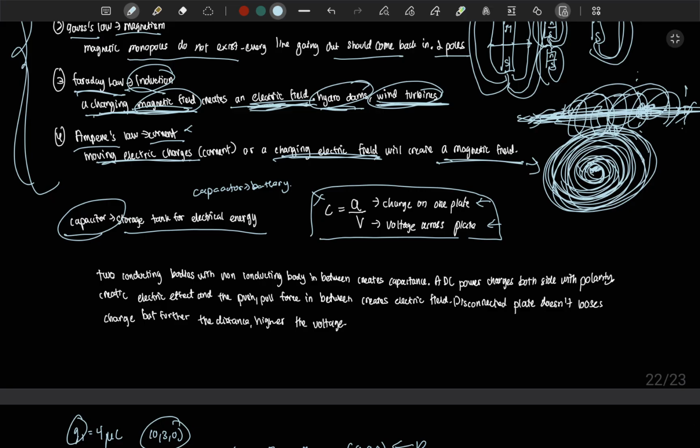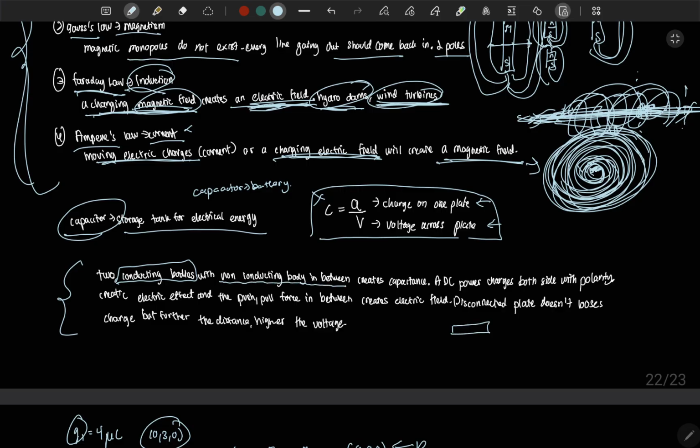What is a capacitor? This is the definition rooted in the textbook but in my own wording. Two conducting bodies, meaning steel or anything that conducts electricity, with a non-conducting body in between.